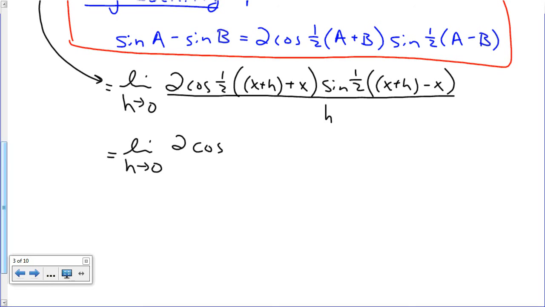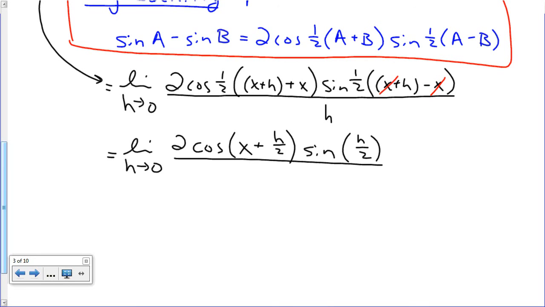Half of 2x would just give me an x, and then I have an h, but again, I'm taking half of that h, so I'll write that as h over 2. You can write it as 1/2 h if you want, same thing. Then for sine, let's do the same thing. I've got an x plus h minus x, so the x's cancel out. All I'm left with is 1/2 of h, which I'll write as h over 2. And we will divide that all by h.